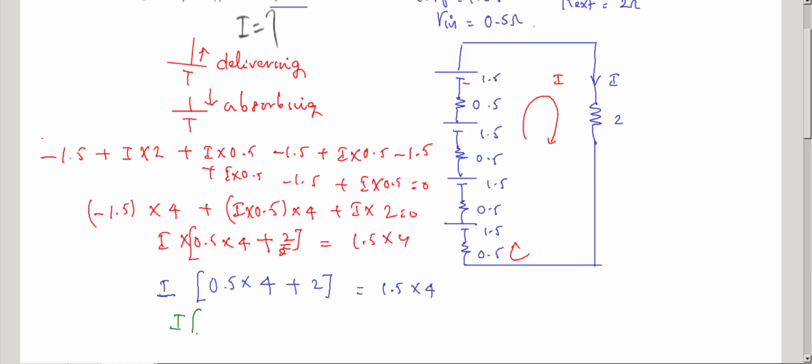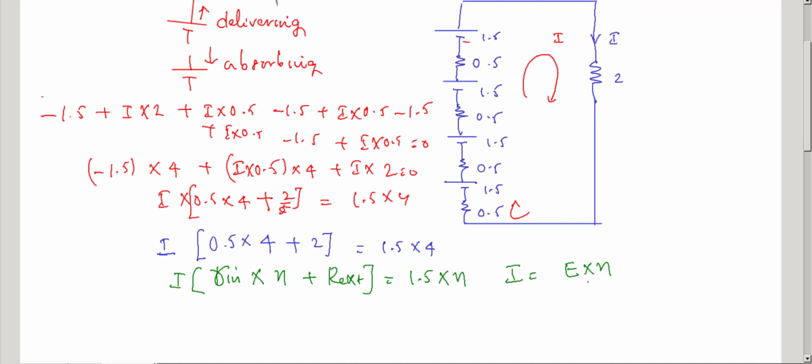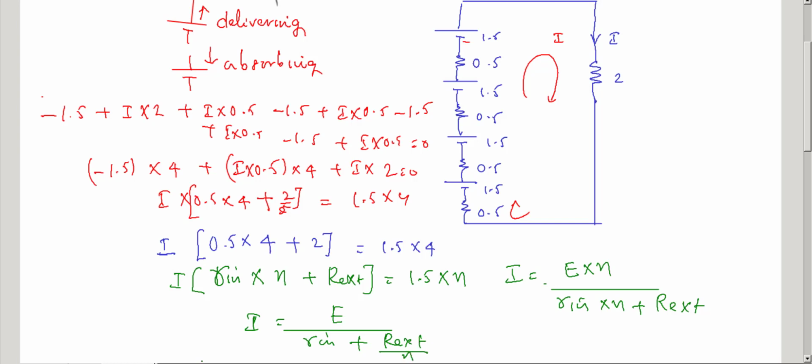I is multiplied by the internal resistance r into N, plus R external, equal to the battery volts into N. Simply I can write this as the battery EMF E into N divided by r internal resistance into N plus R external, that is I equals E divided by r plus R external by N. Simply substitute 1.5 for E, internal resistance of 0.5, plus R external 2 by 4.